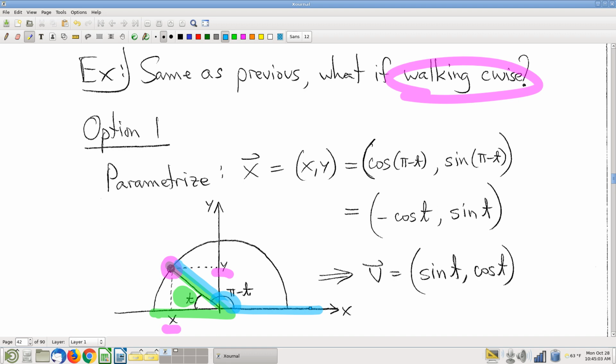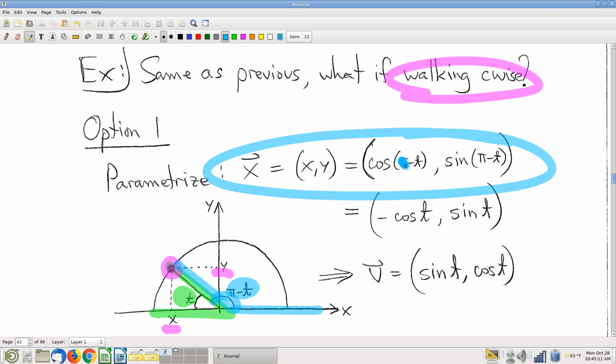If t is that angle, then theta is pi minus t. And so notice position is just cosine of theta, comma sine of theta. Nothing's different. It's just that how theta depends on t has been tailored to my needs.